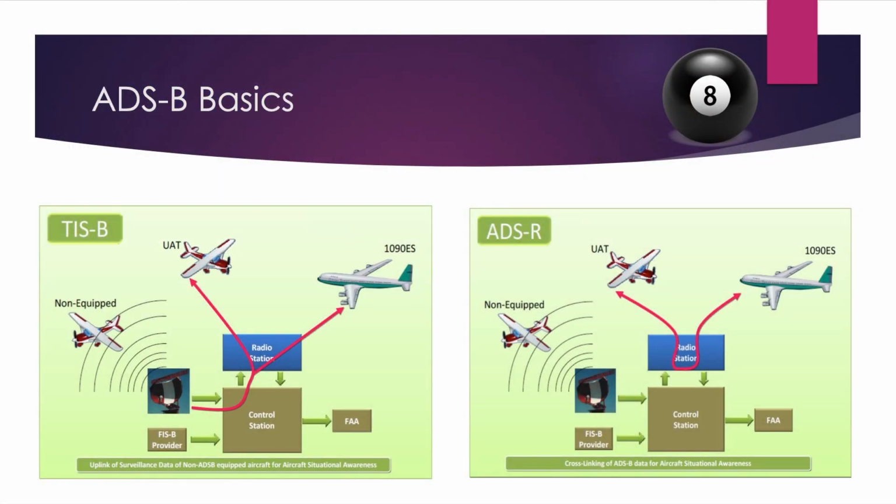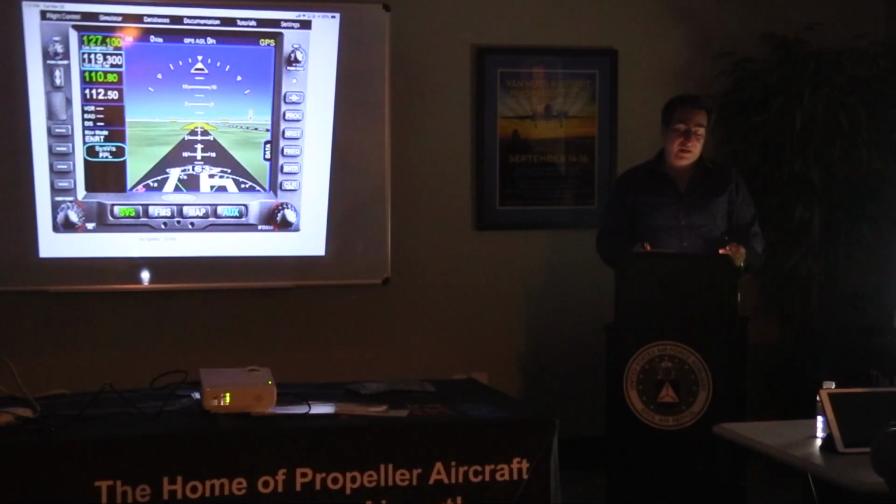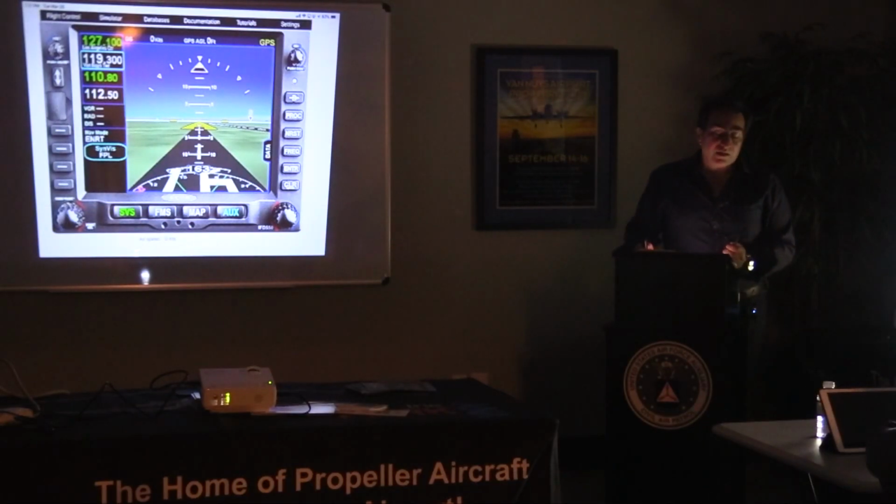Now there is a little thing called FIS-B, which is Flight Information Services Broadcast, which covers all the aircraft that don't have ADSB and are in the radar coverage. The ground station receives that signal, and then it transmits it to our aircraft, so we can pick up non-ADSB air traffic. Now there is a limitation on that.